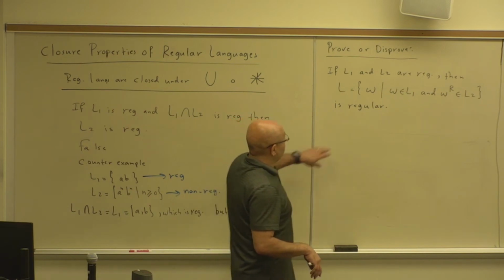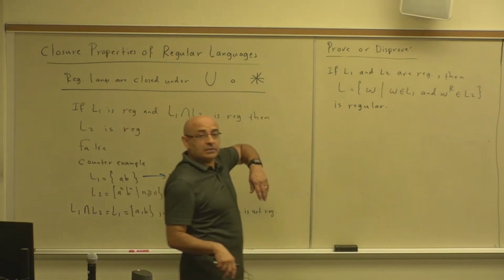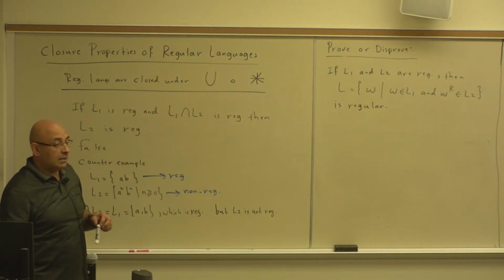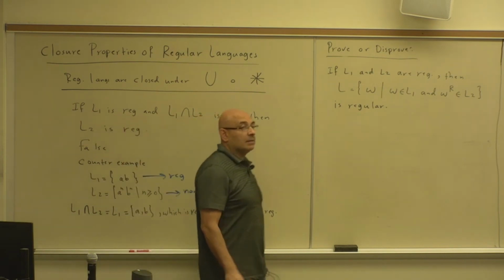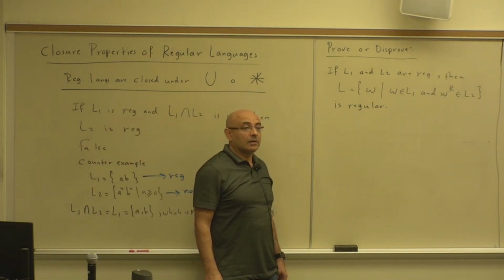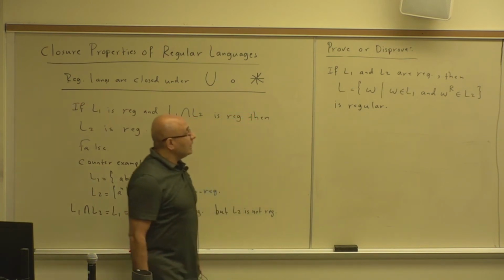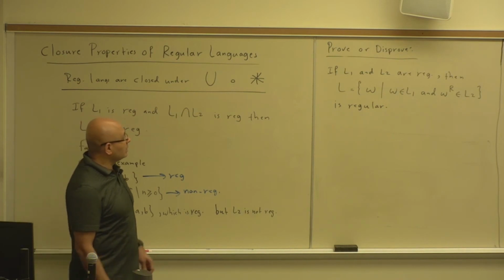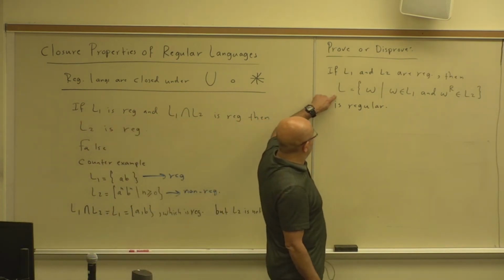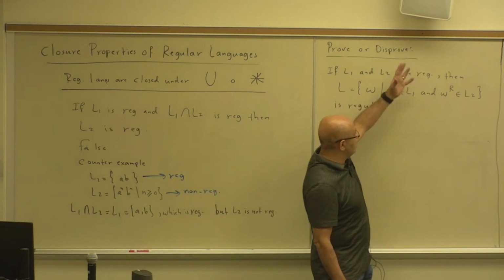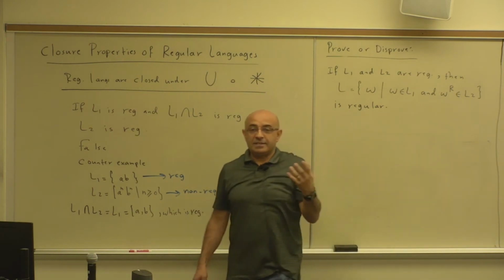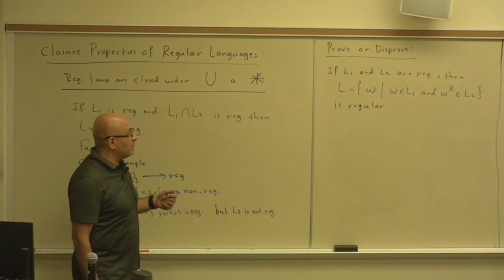Okay, so is this true or false? It looks like L can be expressed using L1 and L2 and some set relations. We have the reversal relation, which we have shown that regular languages are closed under.